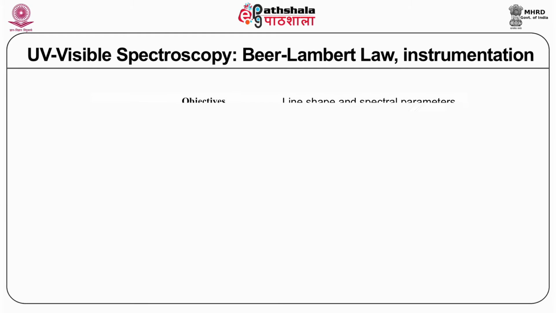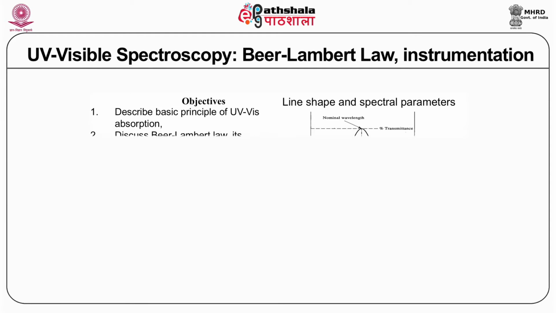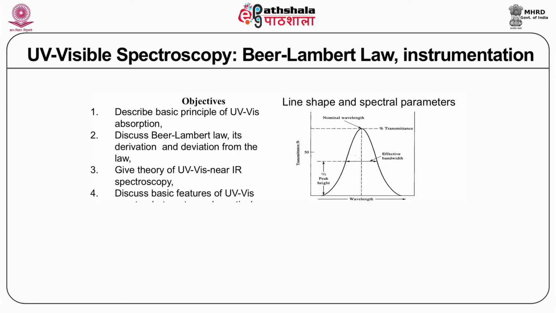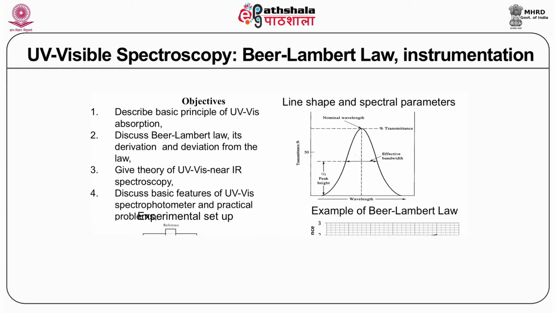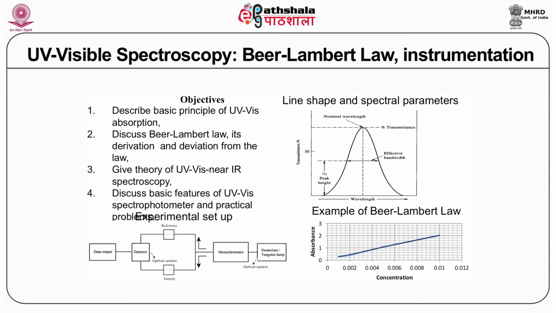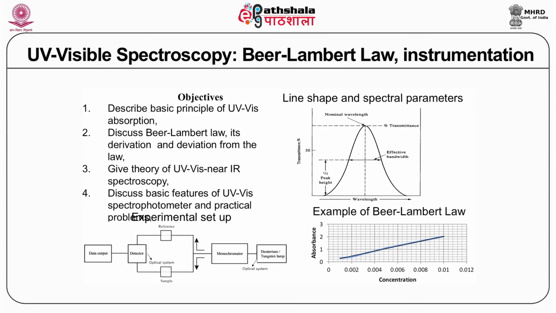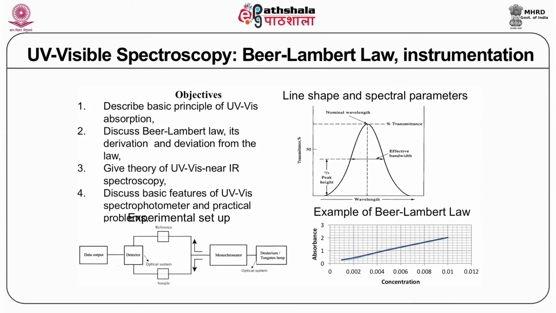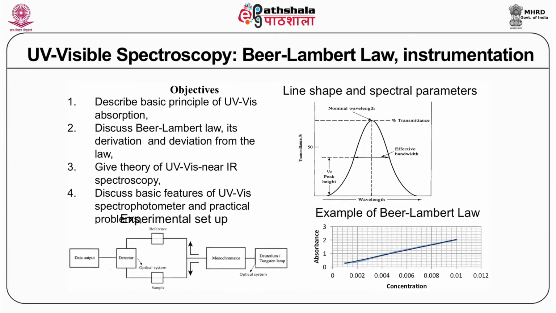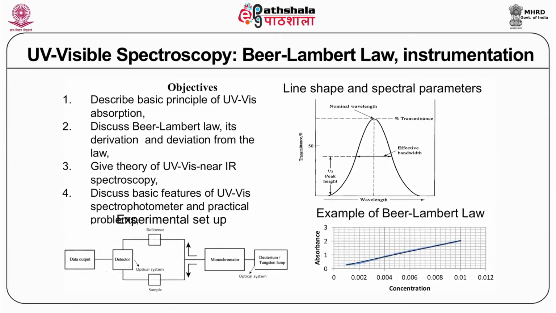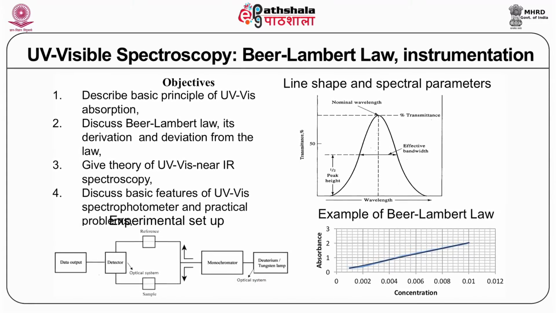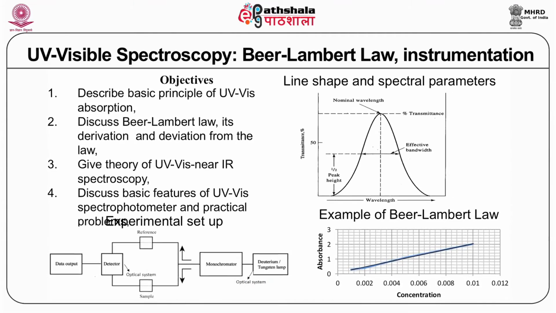Now UV visible absorption spectroscopy is the most fundamental one, where you will be studying the famous Beer-Lambert law, and then the description of the instrumentation, both the single beam and the double beam, and the various technical details involved in this instrumentation, and then of course the applications. Then you understand the UV visible spectrophotometer through practical problems also.